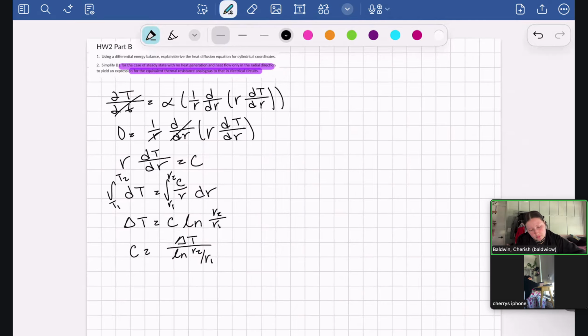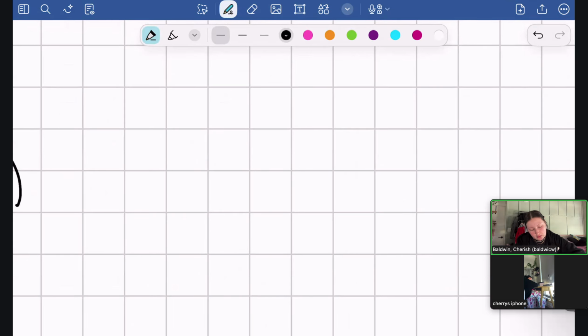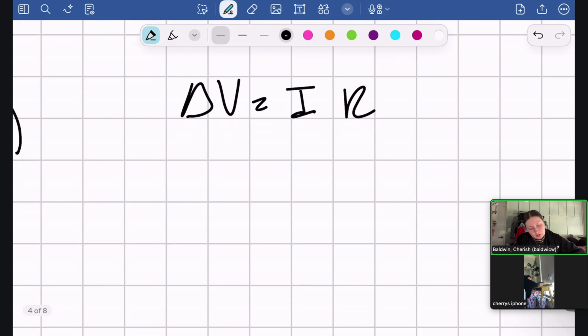So now we'll think of the voltage is equal to IR. Voltage is equal to delta T. I is equal to the heat flow, and then we're finding what R is.